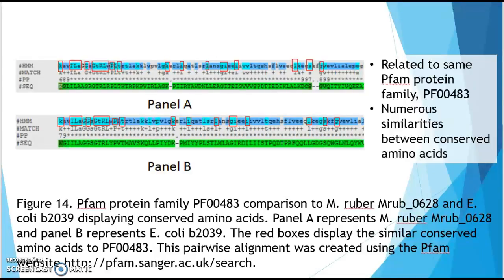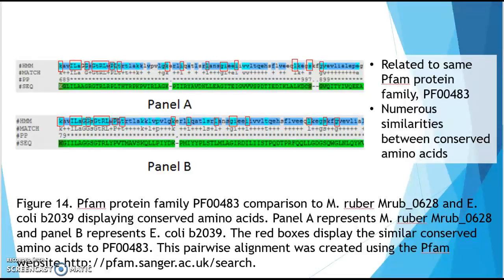Just to get a better look at one of the bioinformatics tools used, this is an alignment of the PFAM top hit between both M. ruber and E. coli. So this is PFAM PF00483. Panel A is represented by M. ruber, and panel B is E. coli. As can be seen, all the light blue color is the matchup between the PFAM amino acid sequence and either the M. ruber or E. coli amino acid sequence.